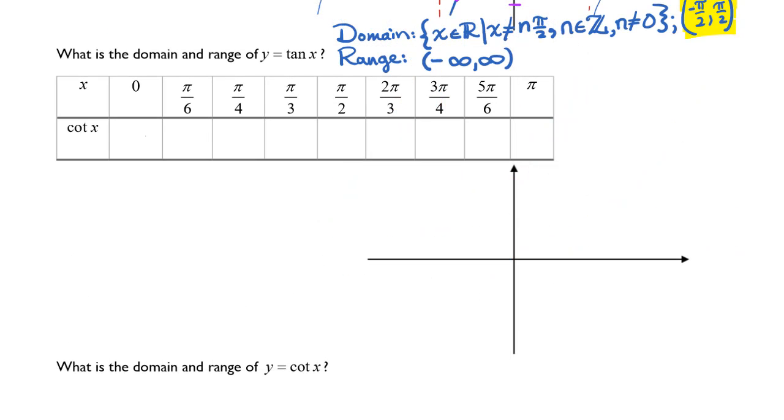We now need to graph the cotangent into a table so we have some values. I'm just going to go ahead and fill this out, and I encourage you to also use your calculator in radian mode and fill this out as well. You can go ahead and pause the video if you want to try and fill it out on your own.